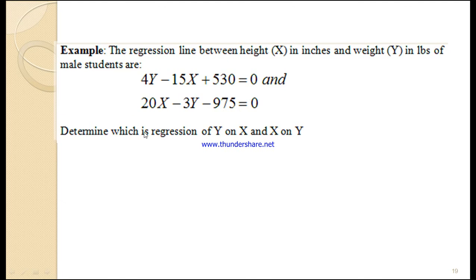Let us determine which is the regression of y on x or x on y, or which variable is dependent or independent.